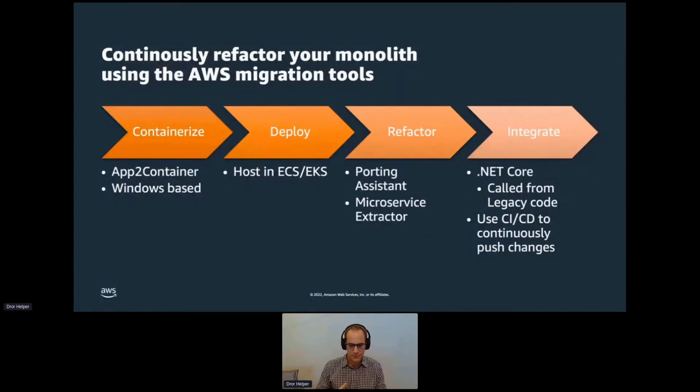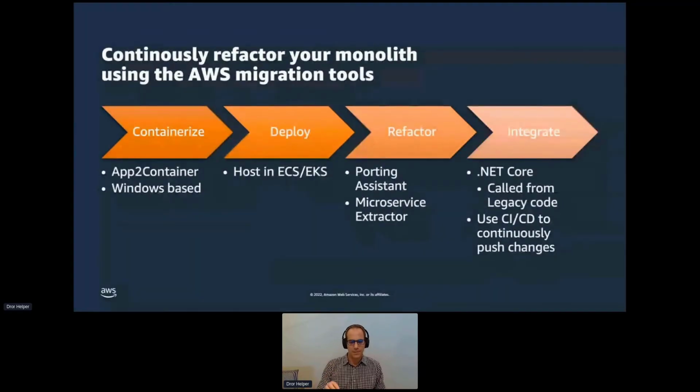So to summarize it, we'll start by containerizing the existing applications with App2Container and get Windows-based containers that I can easily deploy to the cloud. I'll host them in EKS, one of the container orchestration frameworks. And then I can start working on my code base.